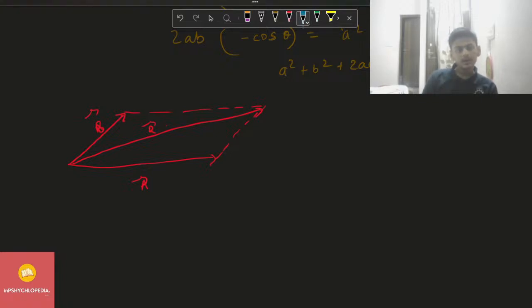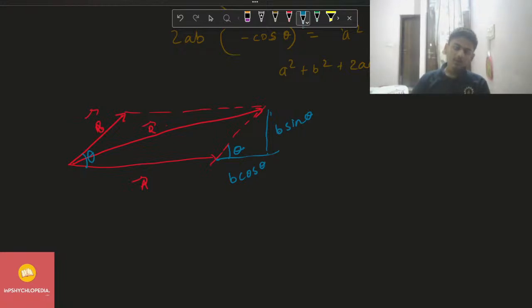So let me mark these angles. This is theta, so this will also be theta, right? Now this was what? B sin theta, this was b cos theta.